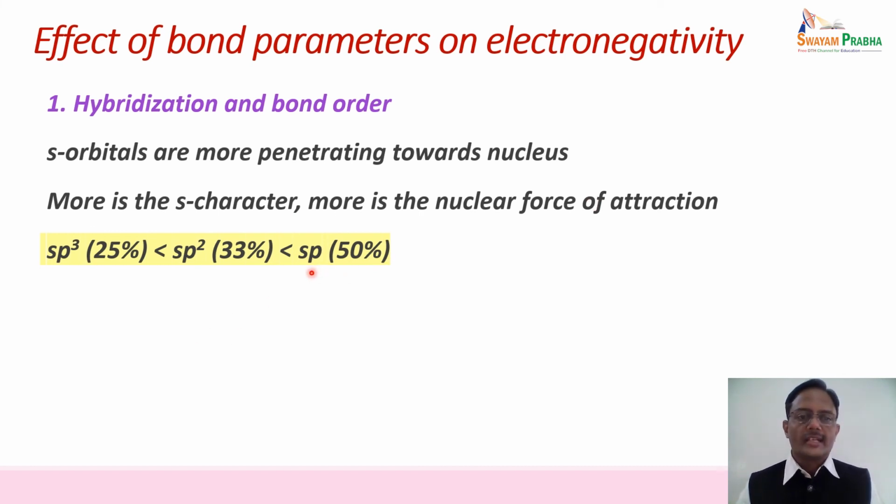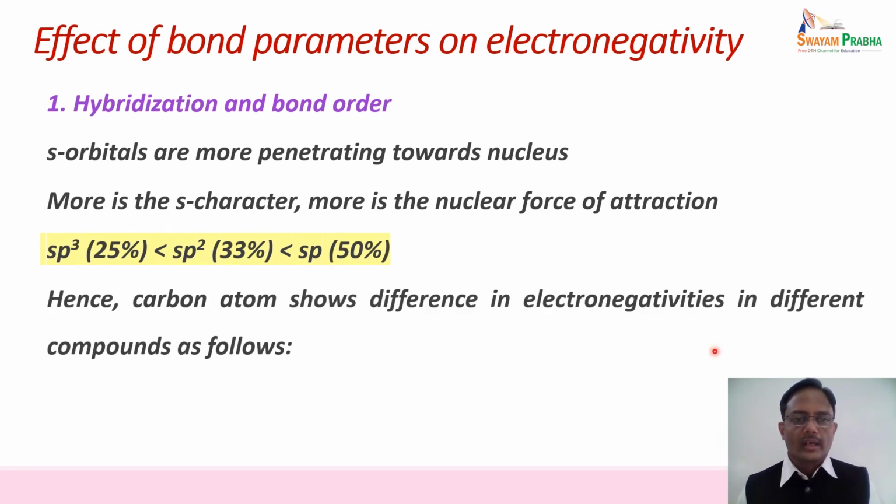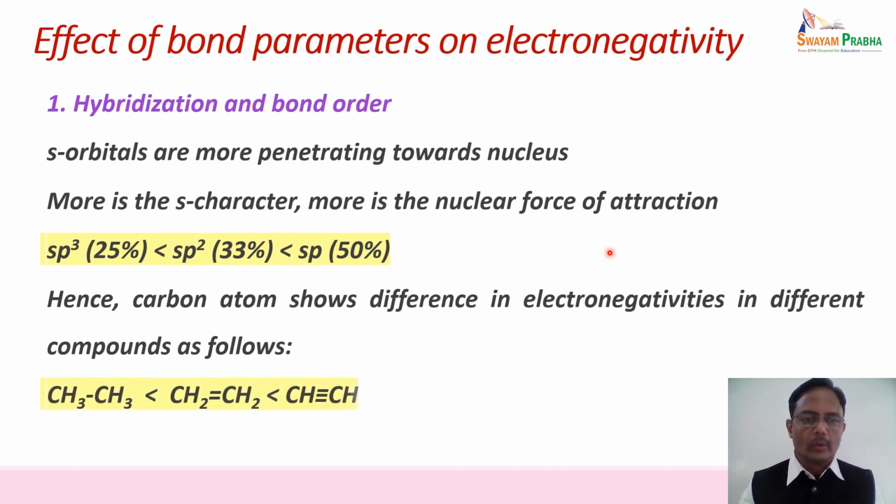In other words, sp orbital is more penetrating towards the nucleus, and as a result the carbon atom shows different electronegativities in different compounds. This is applicable to all the other atoms also. For example, if we consider the carbon atom, we will find that the electronegativity of carbon is different in CH3CH3, that is alkane or ethane, than ethylene, than acetylene.